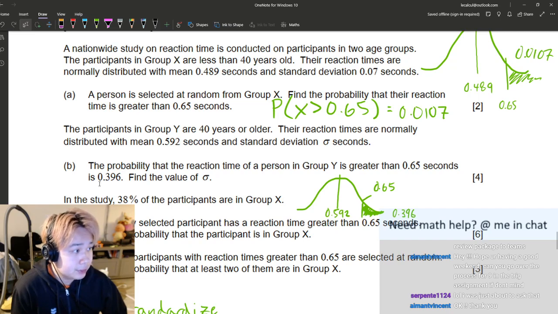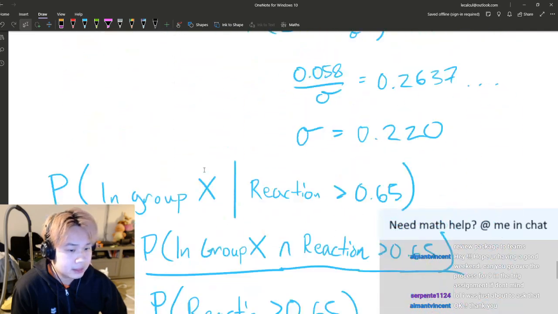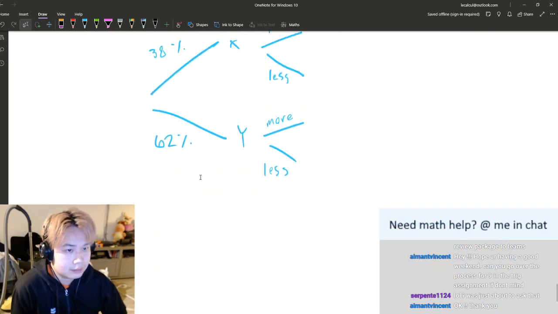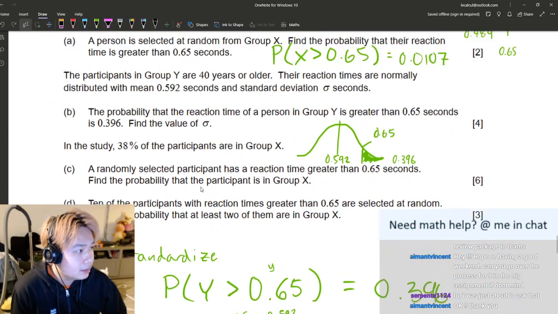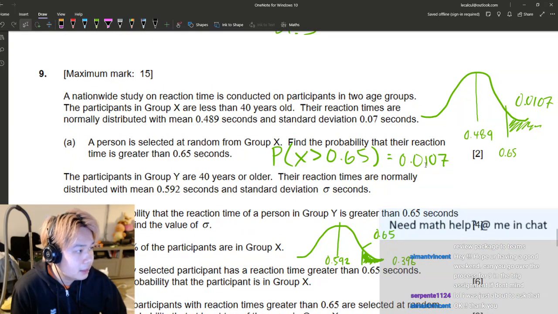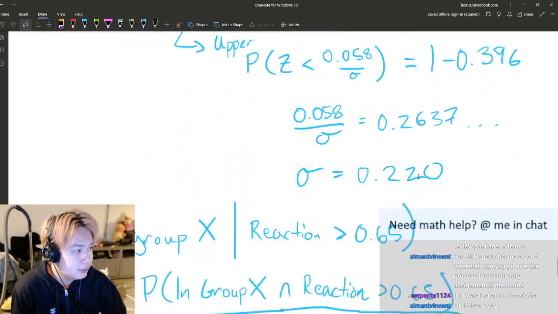First off, they give you the group Y one. It's 0.396. And then we calculated this one. It's 0.0107.